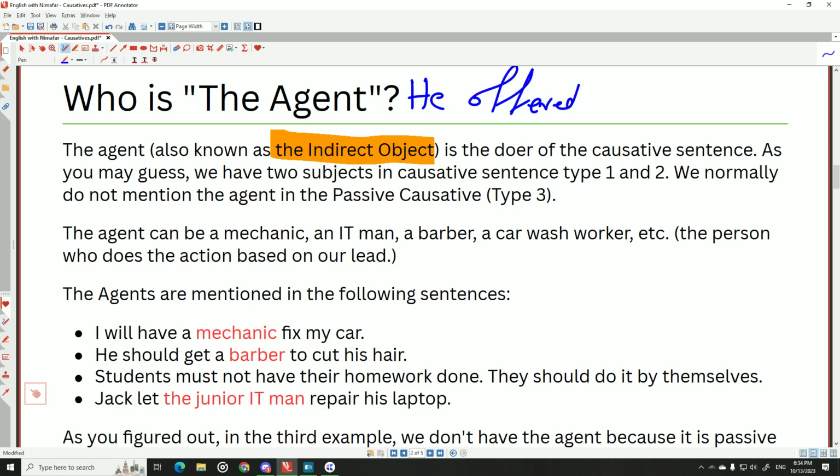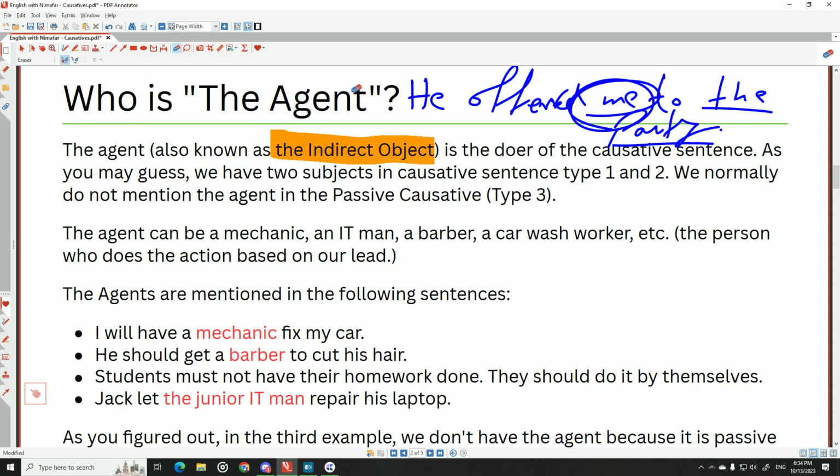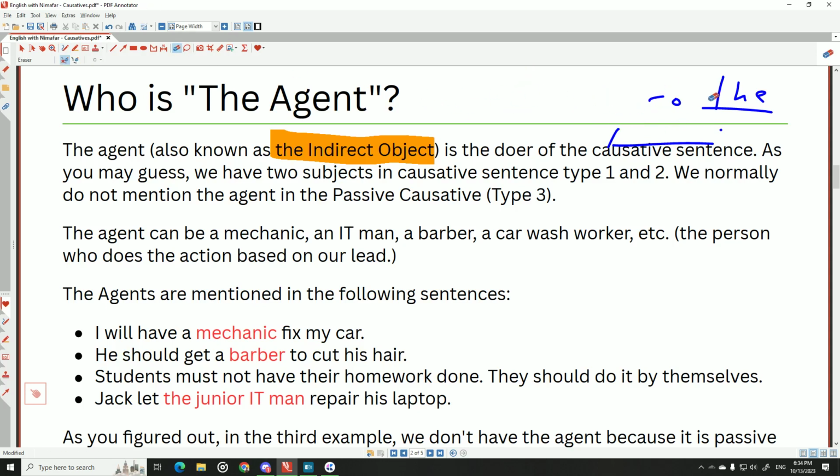For example, he offered me to the party. He offered me is the indirect object. To the party is like the direct object, but that's fine. We don't want to talk about it. Just saying, the agent is also known as the indirect object.